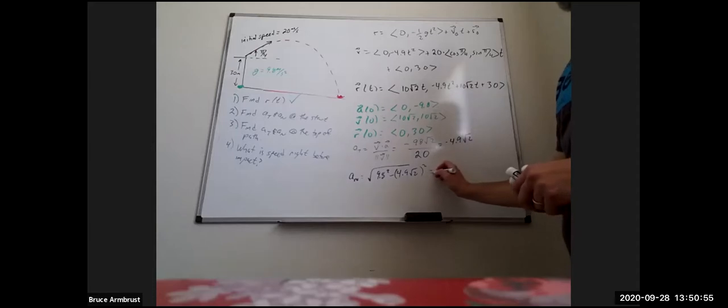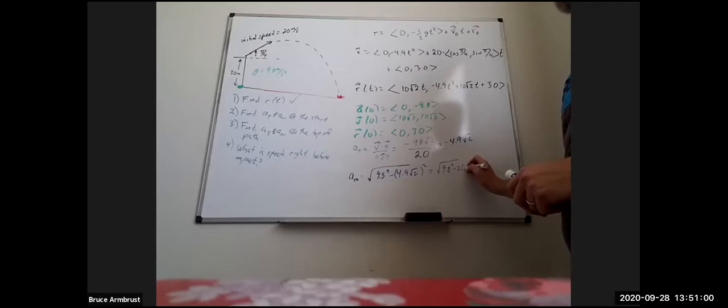All right, so that's going to end up being the square root of 9.8 squared minus 2 times 4.9 squared.